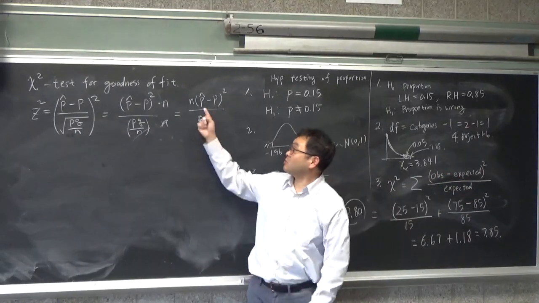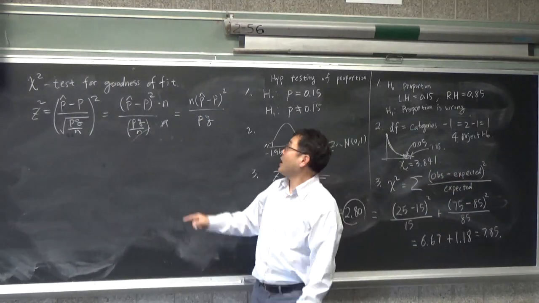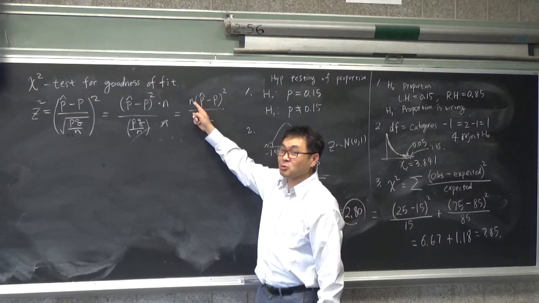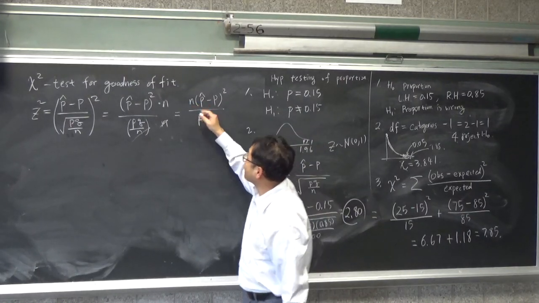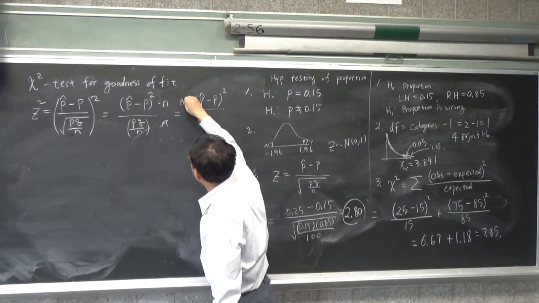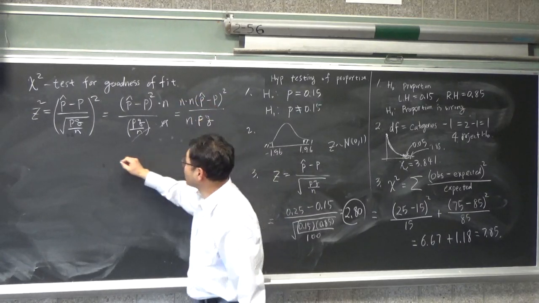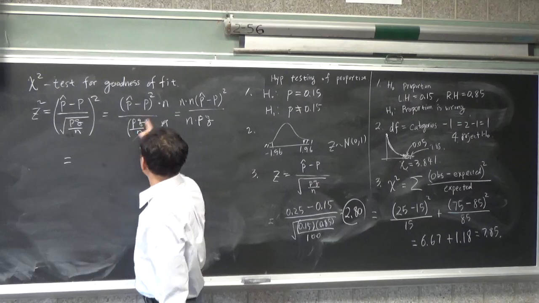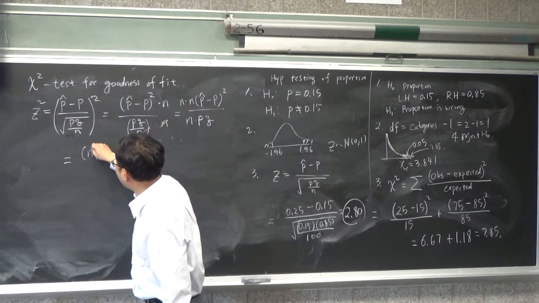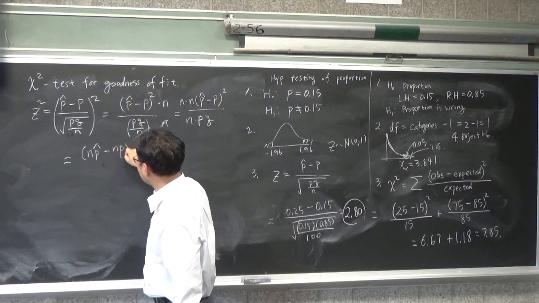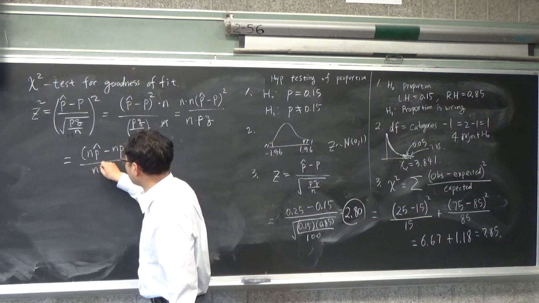So if you want this to look more like that, I want this to go inside. But to go inside, you need n squared, so I'm going to multiply another n top and bottom, so that this is now n squared, which goes inside. So you get (np hat minus np) squared over npq.